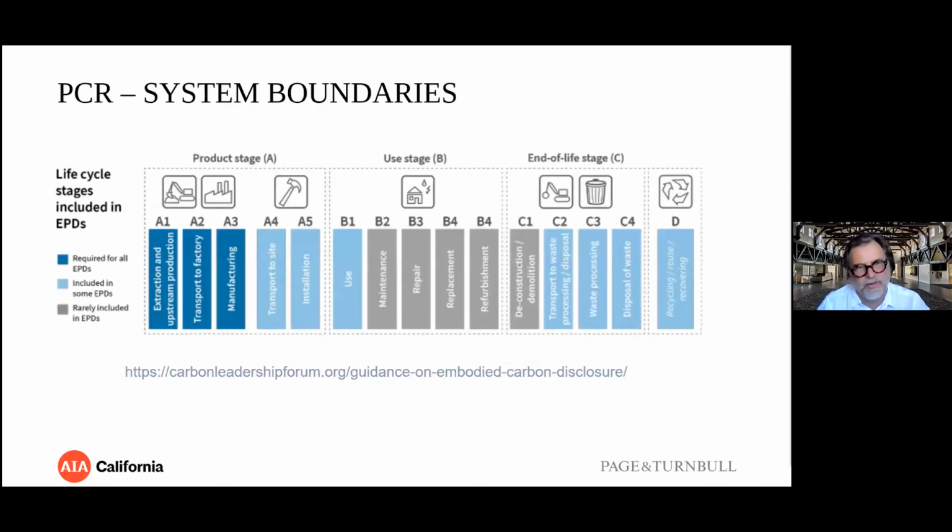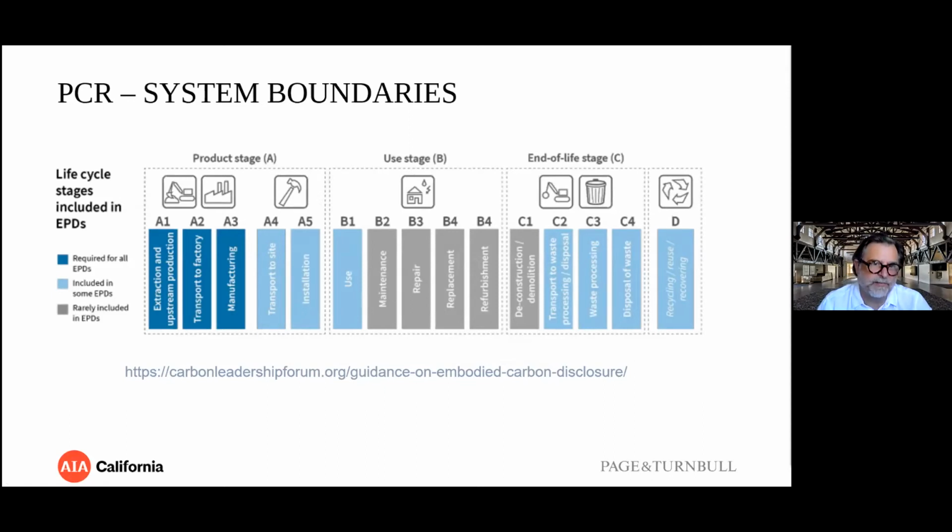This is a little bit better graphic. This is from the Carbon Leadership Forum, and the blue pieces are the different stages. So there's the production, manufacturing stage, use stage, and end of life stage.